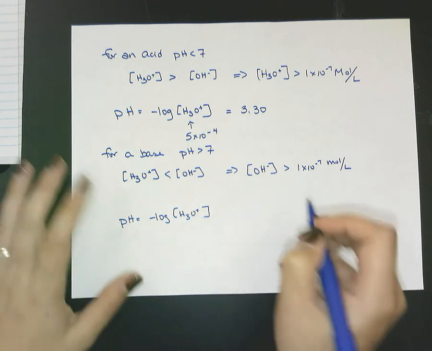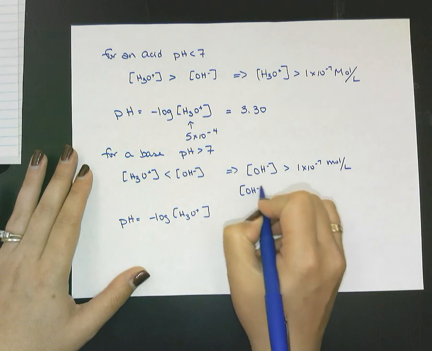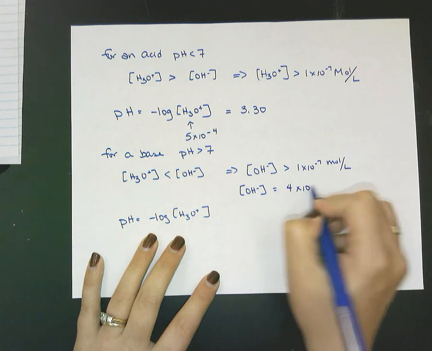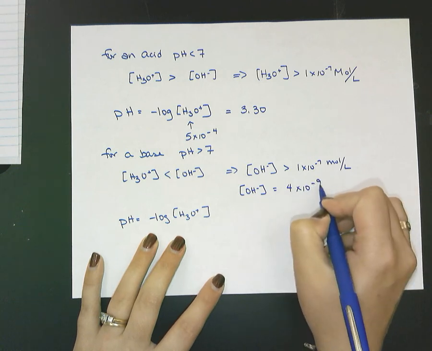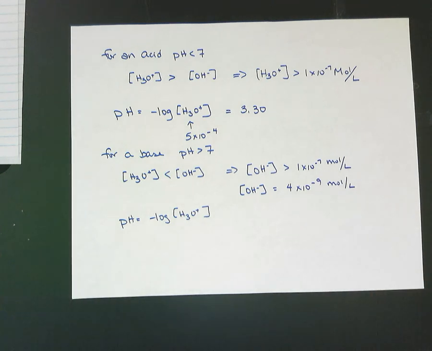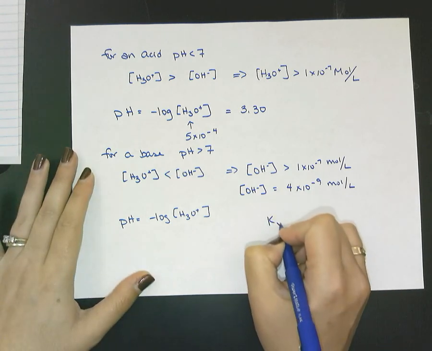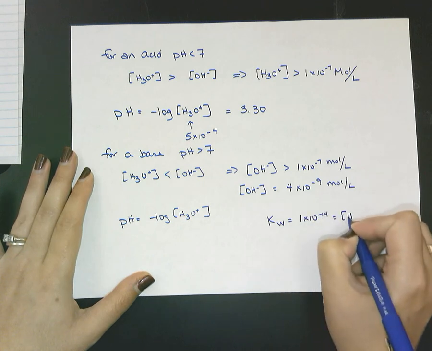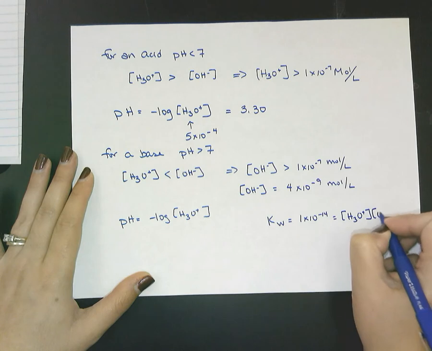How would I go about, let's say I had, let's say that's the actual hydronium concentration. There are two different ways you could go about solving this. What would be one way of figuring that out? You can use the fact that Kw equals 1 times 10 to the negative 14th, which equals this times that.